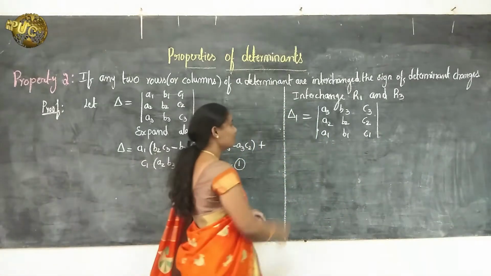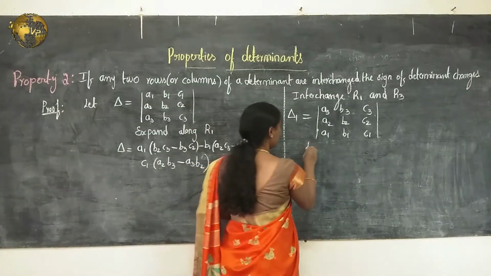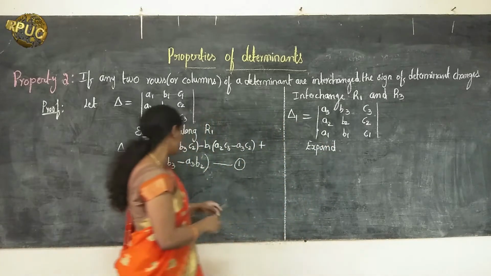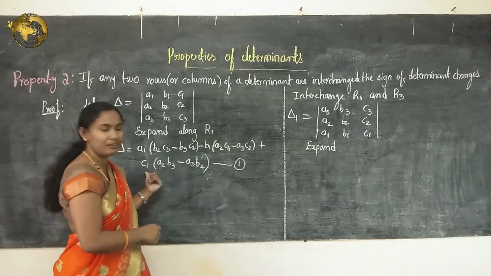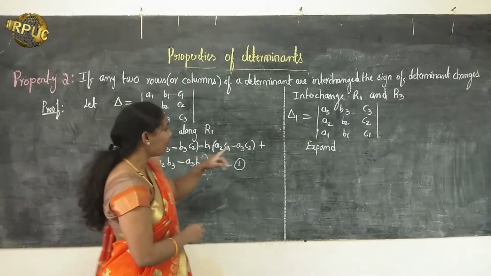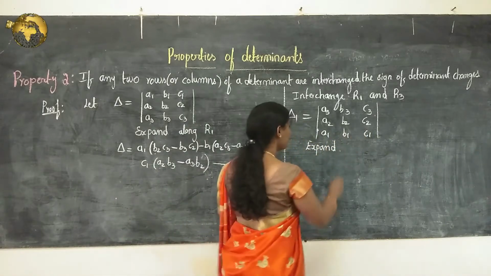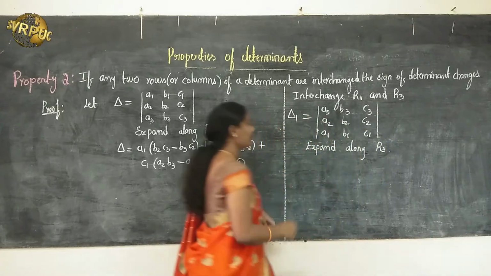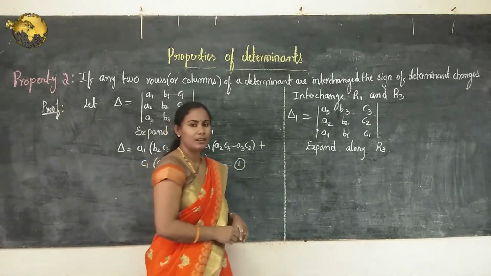Now we'll expand this. Because A1 B1 C1 is there, for easy verification I'll expand along R3, because we'll get the same value for the determinant.